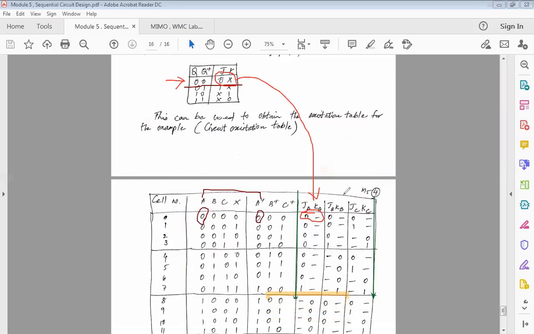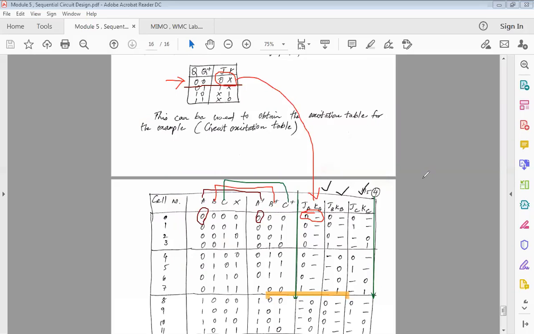So I will compare A plus, then B plus, and then C plus, and I'm going to get my JA, KA, JB, KB, and JC, KC.